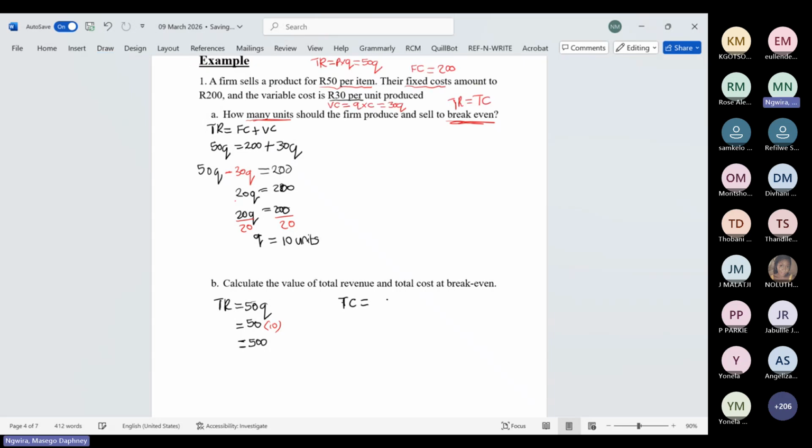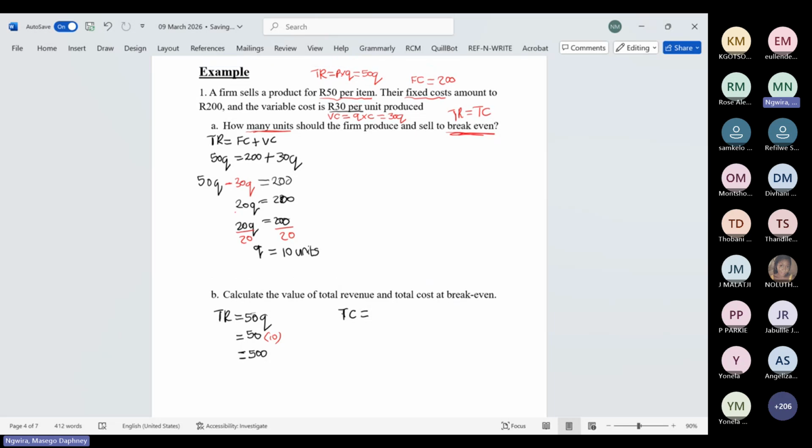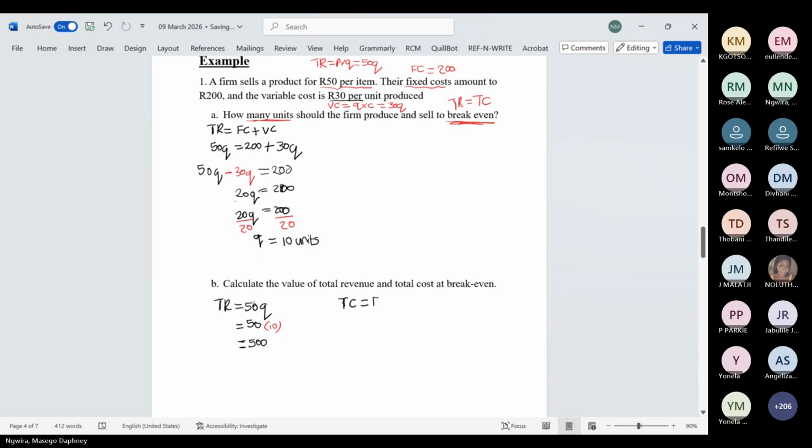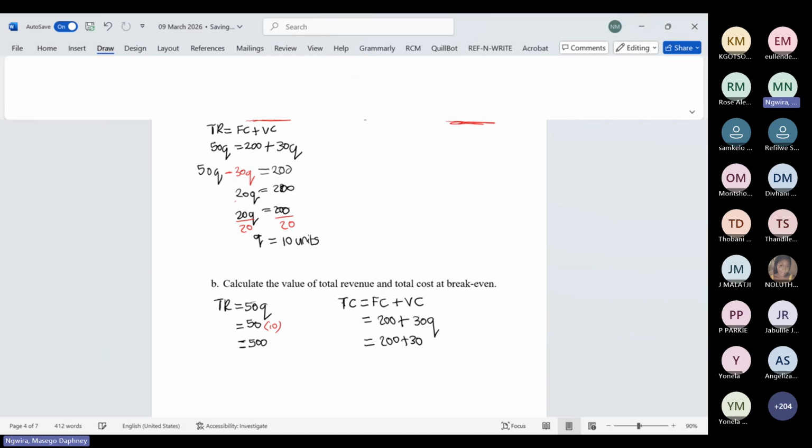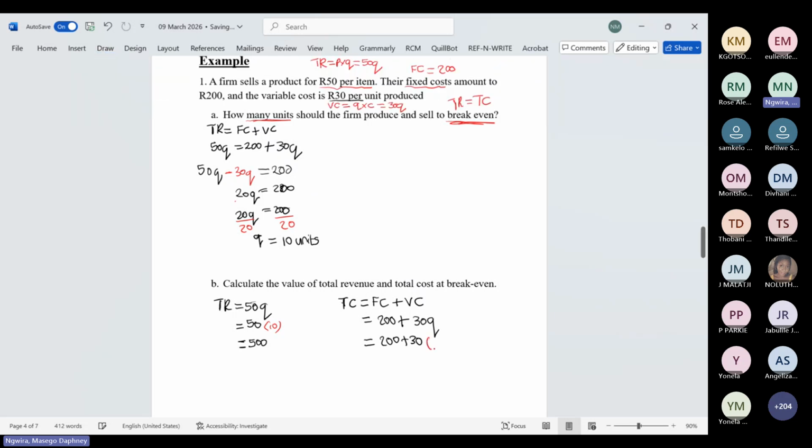And then the total cost. Total cost is FC, fixed cost, plus variable cost. Our fixed cost is 200 plus our variable cost is 30Q. Wherever I see Q, I'm going to put 10. So this is 200 plus 30, then I'm going to put 10 wherever I see Q in brackets.